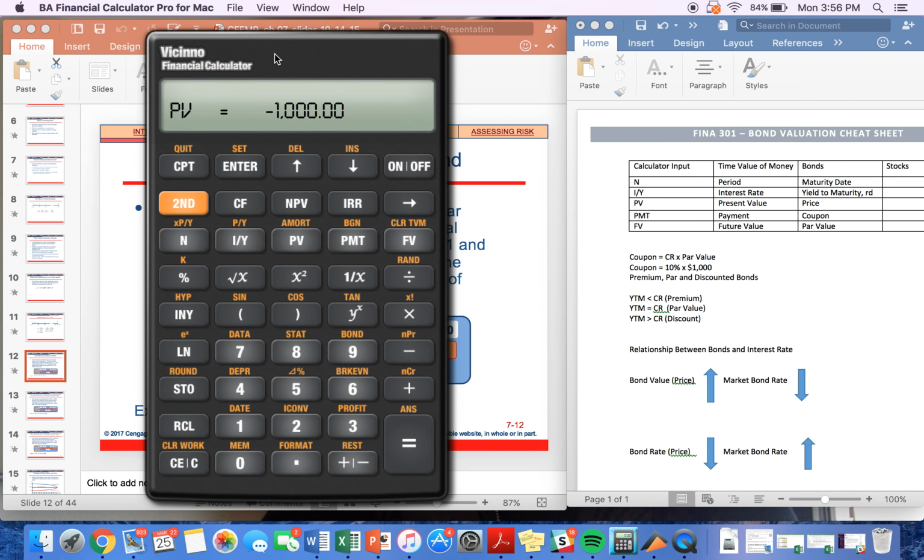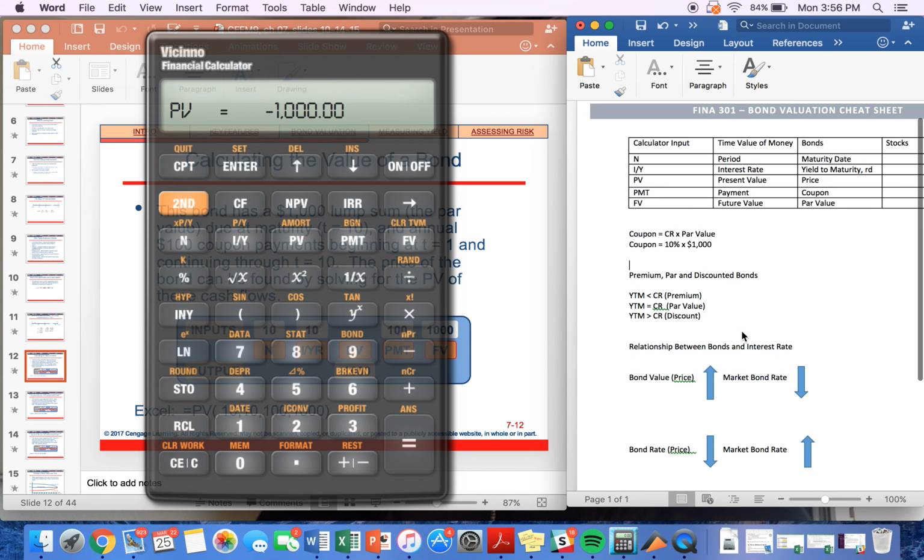So on your cheat sheet over here, right in the middle, I'll go ahead and move this down. On your cheat sheet over here in the middle, I broke out the relationship for premium, par and discounted bonds. So you'll notice here, right in the middle, it says par value. If my bond is at par value, that means that my yield to maturity is equal to my coupon rate, okay? So this is a pretty important concept here.